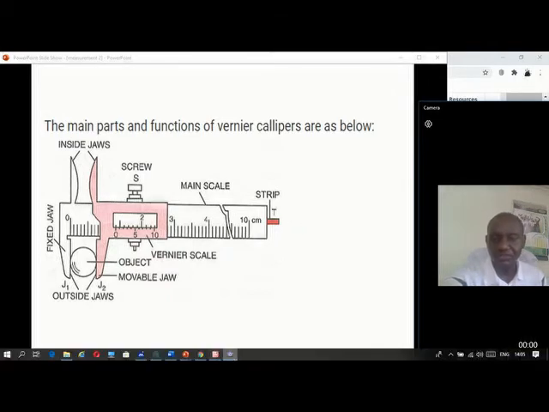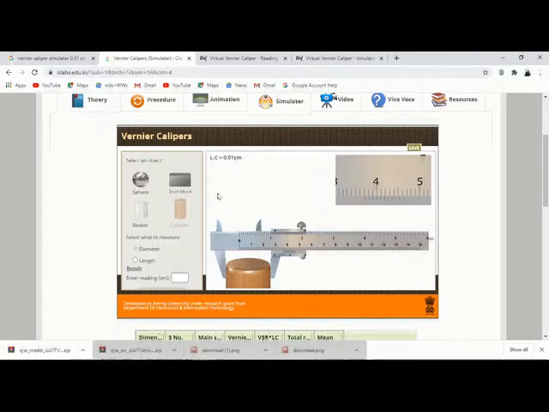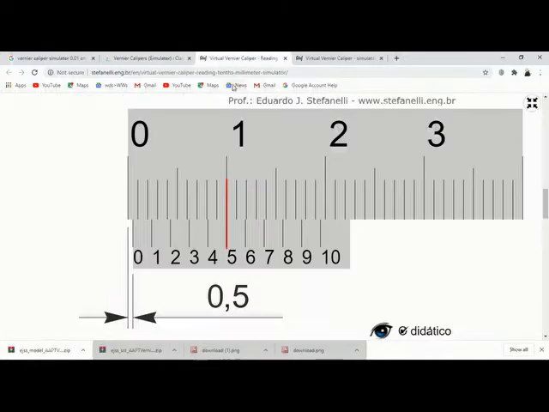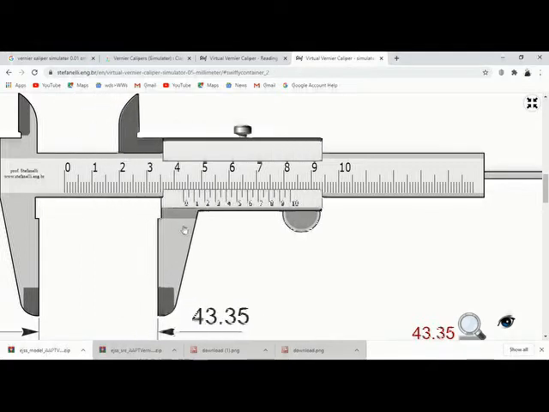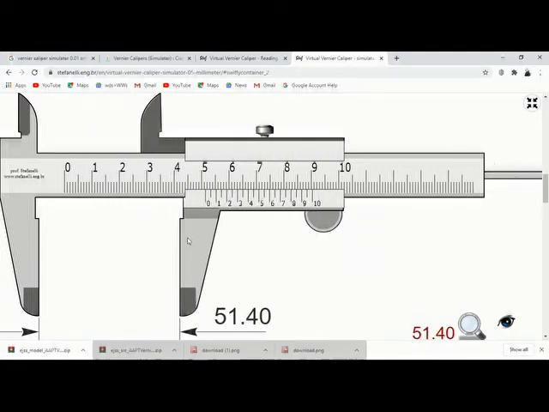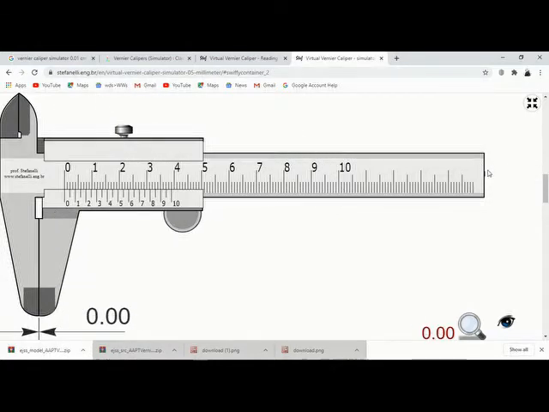When you do the strip, you see something getting out. Let's see which one shows the strip. You see the strip getting the other side, this one. When you come this way, the strip bends.